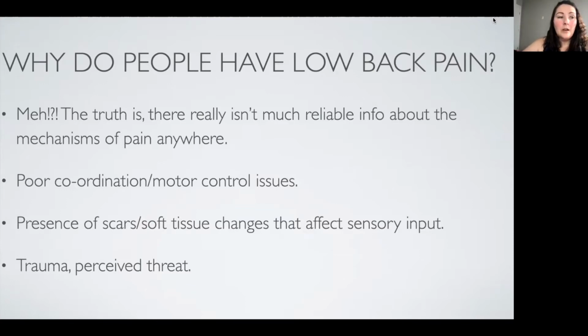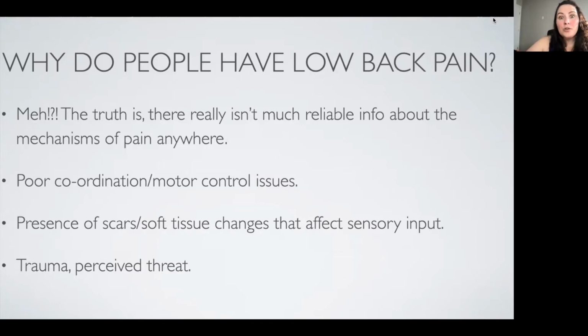Generally speaking, when we think about movement, we start with the deep structures that provide stability and a foundation first, and then the larger muscles begin to contract, for lack of a better term, a little later on. And I don't mean minutes later, I mean milliseconds later, but that coordination can bring up issues associated with pain.